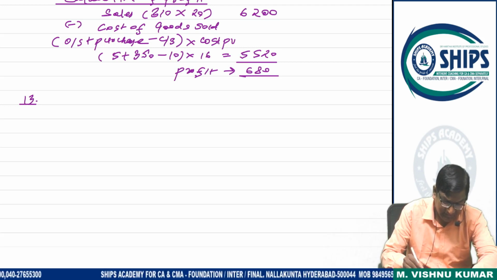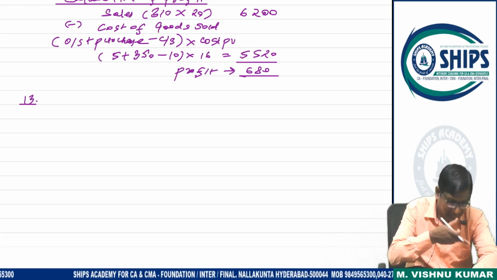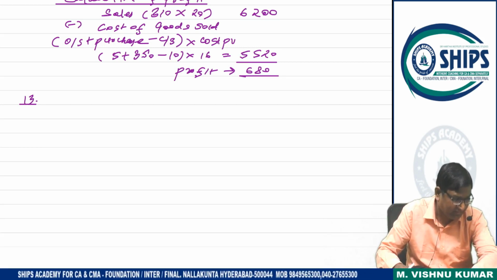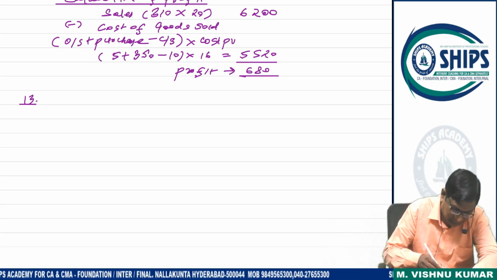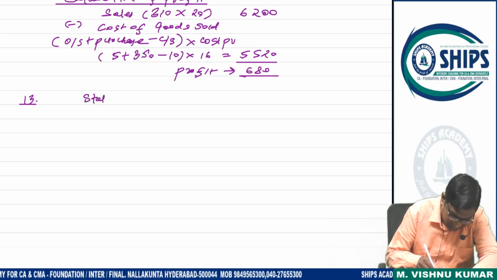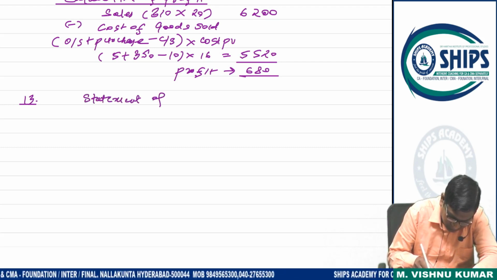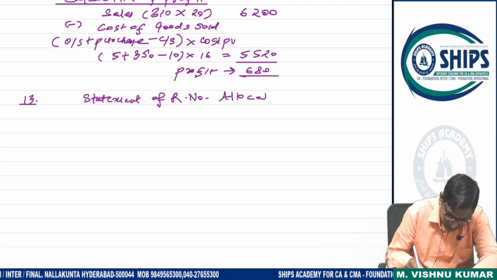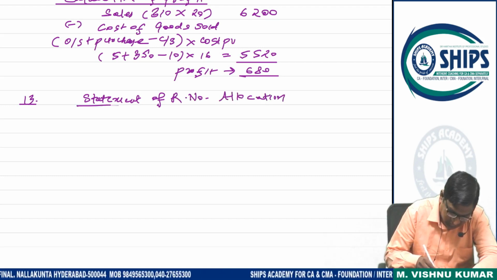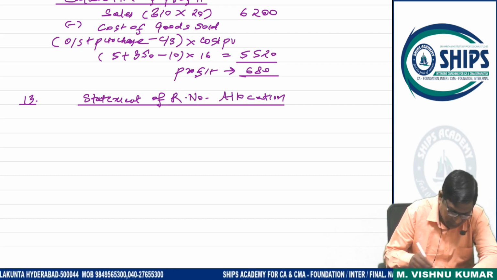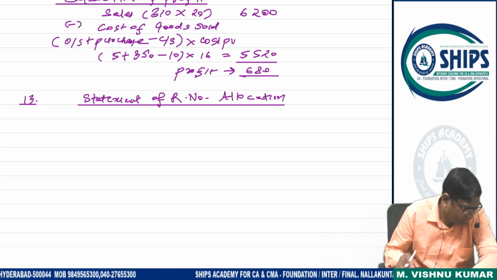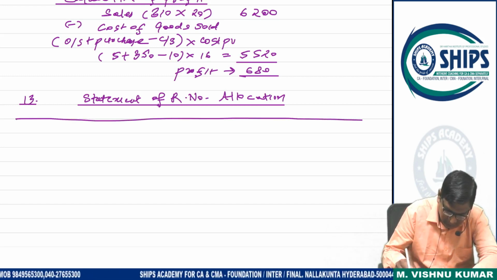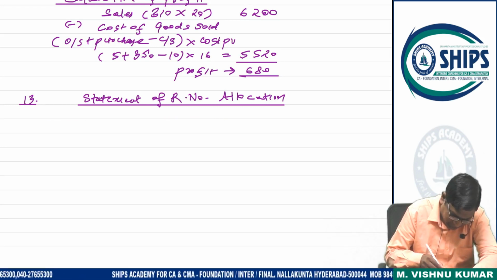Chaliye, so first calculation is, this question is given in the study material. ये स्टडी मटेरियल का ही क्वेश्चन है ये, इसलिए इंपॉर्टेंट है, अच्छे से करो थोड़ा. तो first statement of random numbers. So here two outcomes are given. I will prepare separate tables.